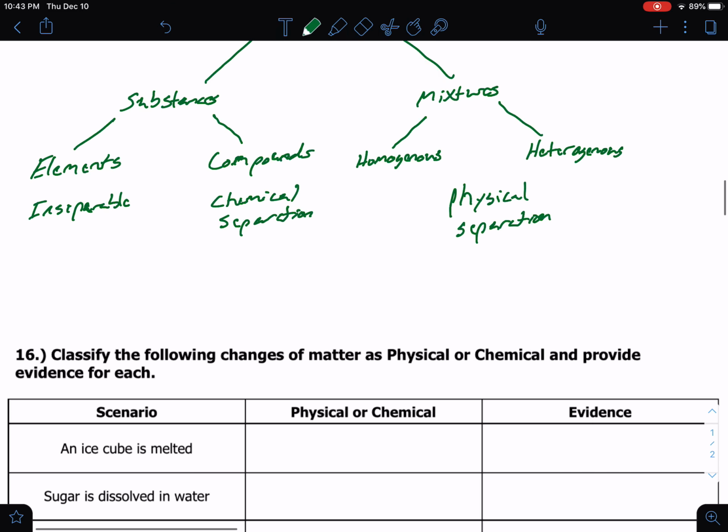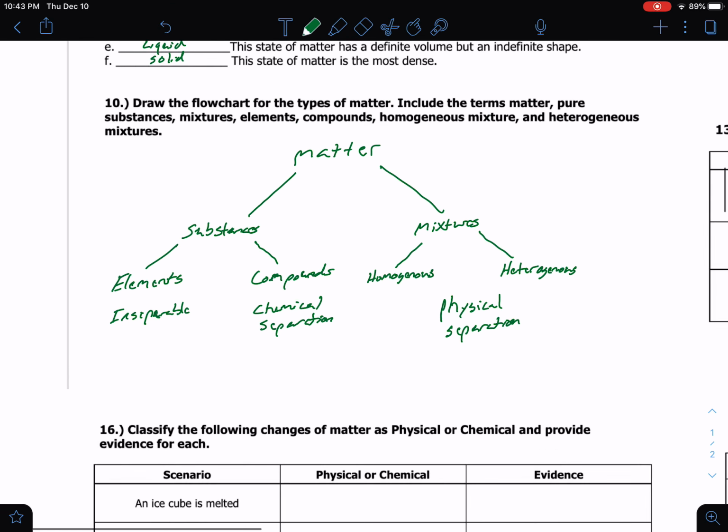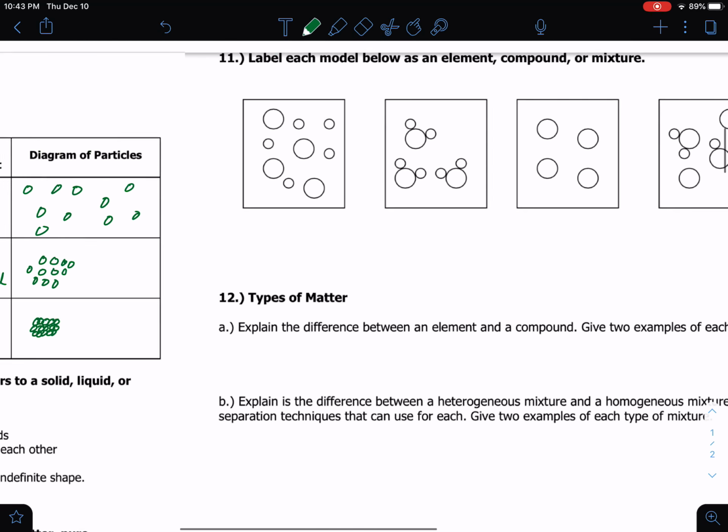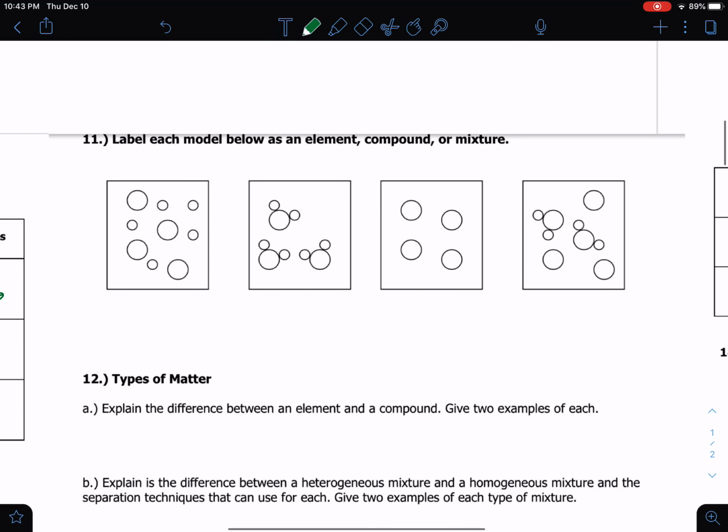Okay, so that was number 10, so we're going to move on to number 11. Label each model as an element, compound, or mixture. If I have these small particles and big particles, this is going to be a mixture. Not a compound, because they're not actually bonded to each other. It's not one element, because we can see that there are different things in there, so that's a mixture.